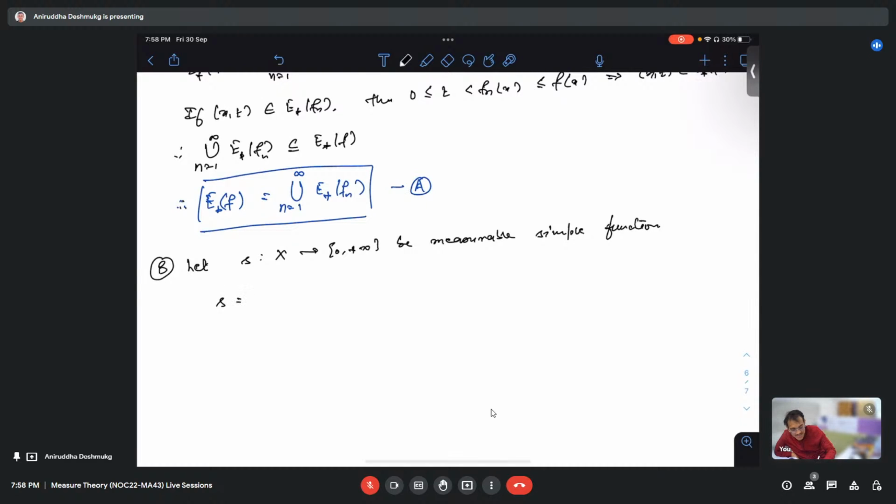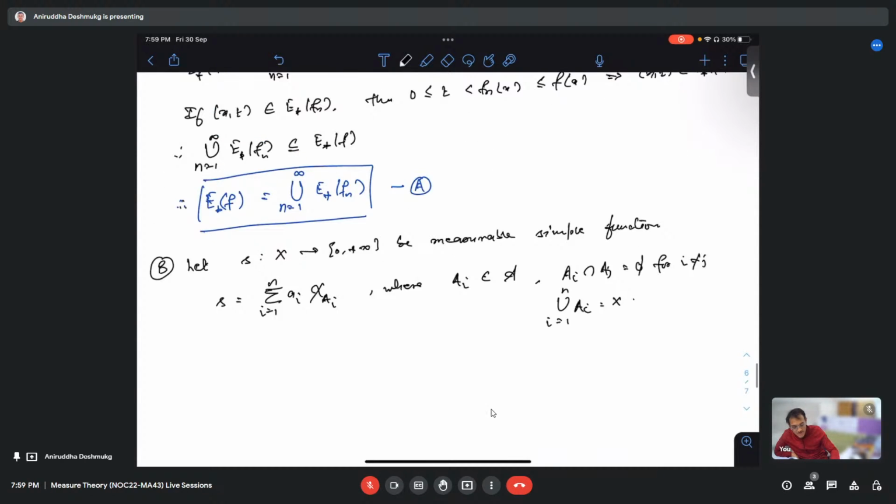That means S can be written as the sum from i equals 1 to n of a_i times the indicator of capital A_i, where this A_i comes from the sigma algebra of measurable subsets of X, A_i intersection A_j is empty for i not equal to j, and the union of the A_i is all of X. This is a finite union.